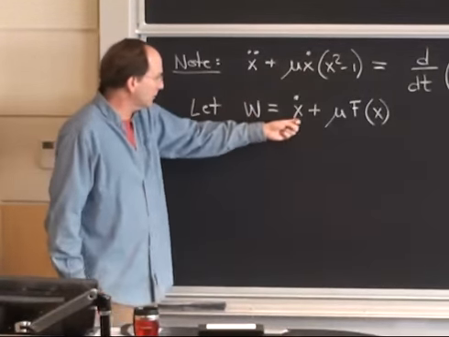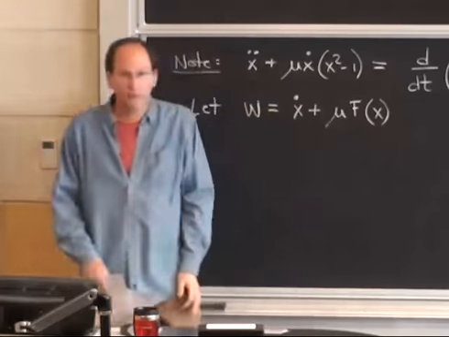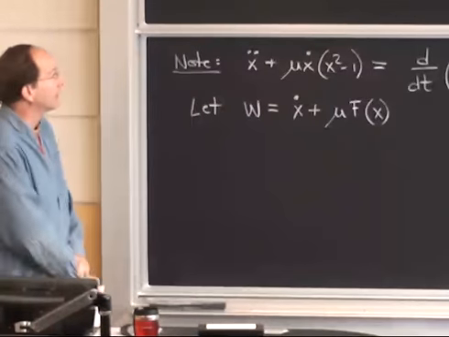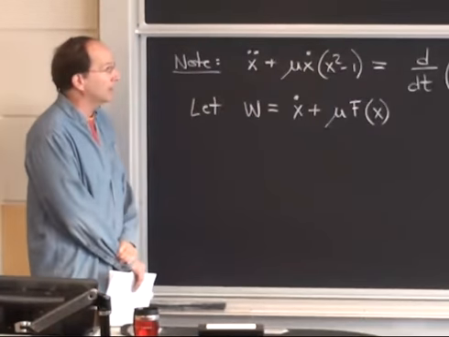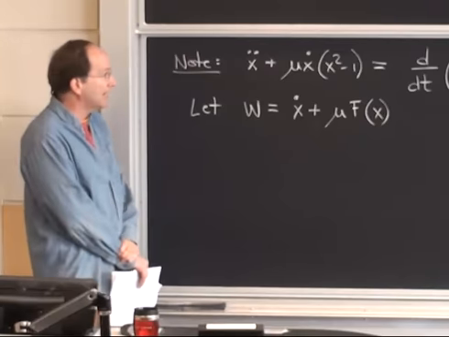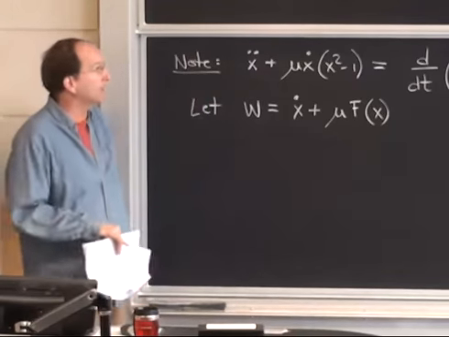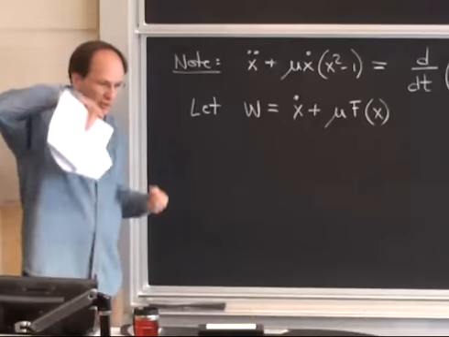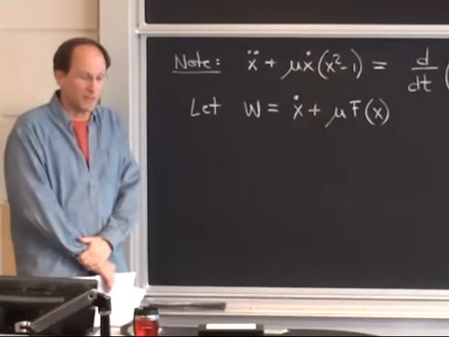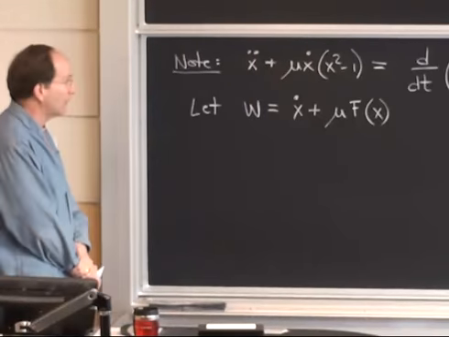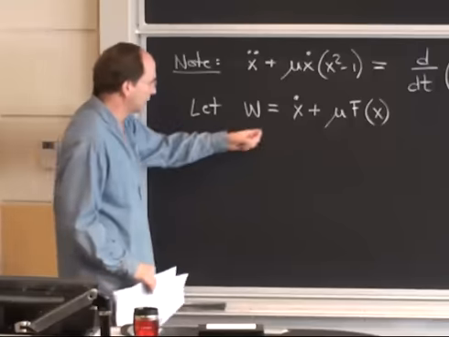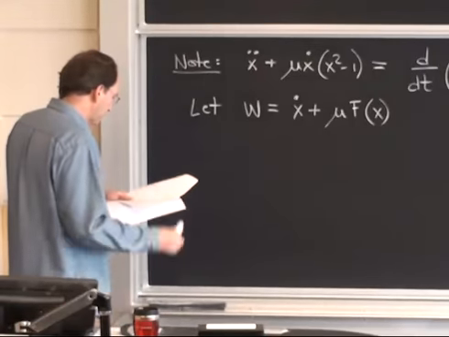We're saying w equals x dot plus this other term. So this is not the standard transformation. And if you do the standard transformation, the analysis is much harder because the limit cycle keeps changing its shape, and you'll see it gets very long and stringy looking as you make mu large. So it's a bad transformation, the usual one. This one is beautiful and really works well.